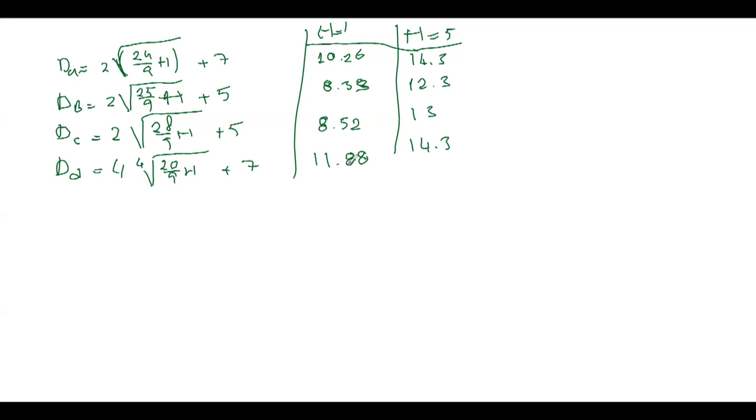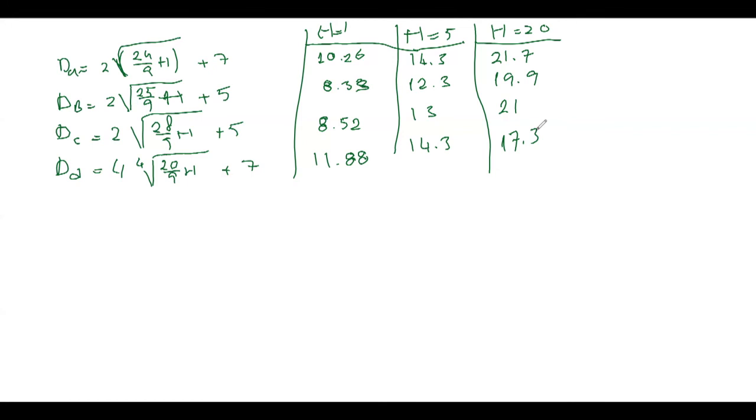For h equal to 20, we see that the results are: the first is 21.7, the second is 19.9, the third one is 21, and the last one is 20.3.